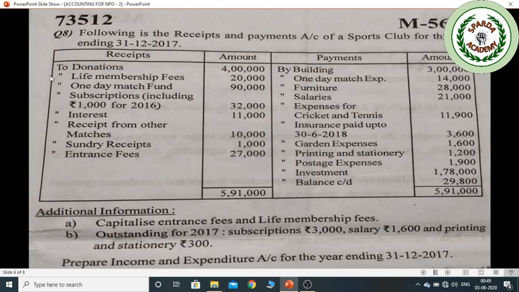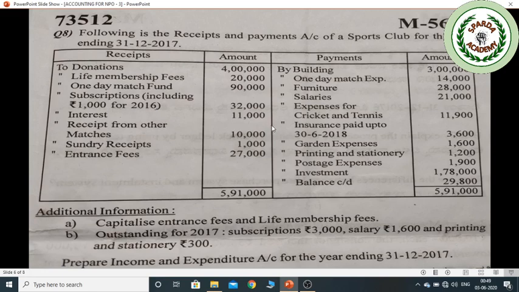Here you are finding donation, life membership fees, one day match fund, subscription, interest, receipts from other matches, sundry receipts, entrance fees. Before writing this information, what we are supposed to do is classify: these are the receipts, these are the payments.